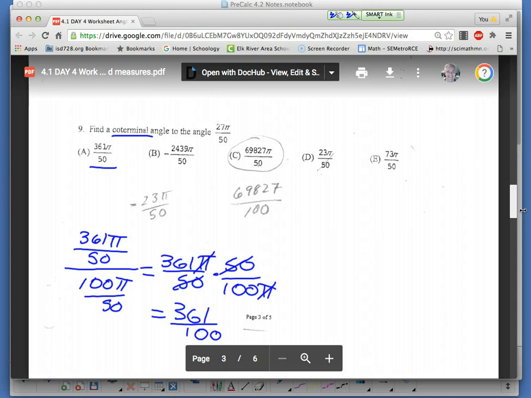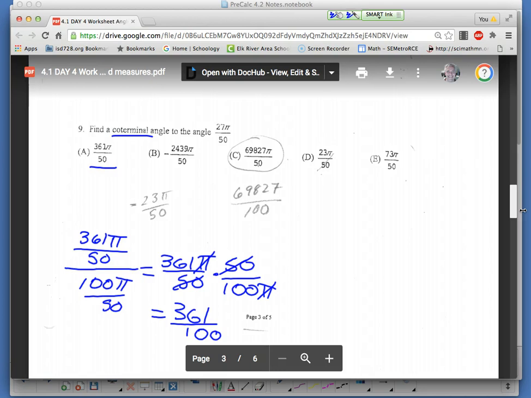Okay, that's 3.61. And then I've got that 0.61, or subtract off the 3, I should say. So take your answer and subtract off the 3. And then I'm multiplying it by 100 because it's 61% of 100, I should say. So it should be 61 times 100.